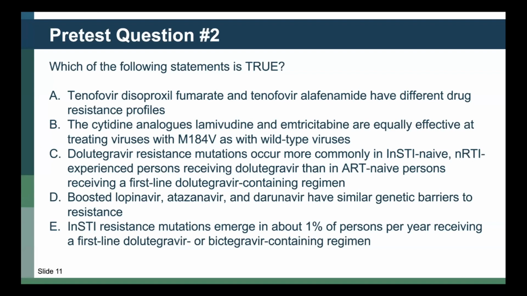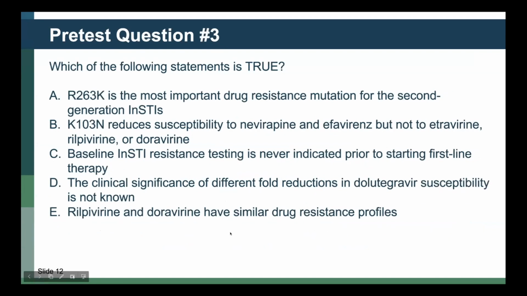Boosted lopinavir, atazanavir, and darunavir have similar genetic barriers to resistance, and integrase resistance mutations emerge in about 1% of persons per year on first-line dolutegravir or bictegravir regimens. Once again, things are pretty well evenly distributed. So the answers to this pretest question will be addressed during our presentations.